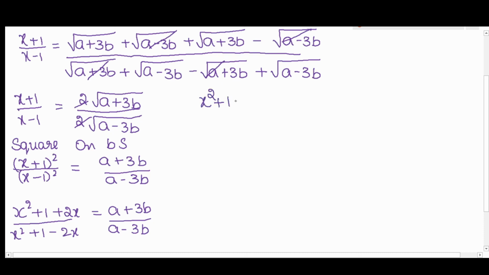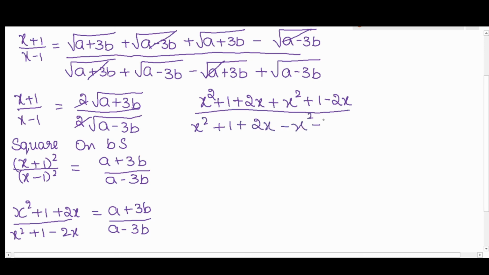x square plus 1 plus 2x plus x square plus 1 minus 2x, divided by x square plus 1 plus 2x minus x square minus 1 plus 2x, which is equal to a plus 3b plus a minus 3b divided by a plus 3b minus a, minus into minus is plus 3b.